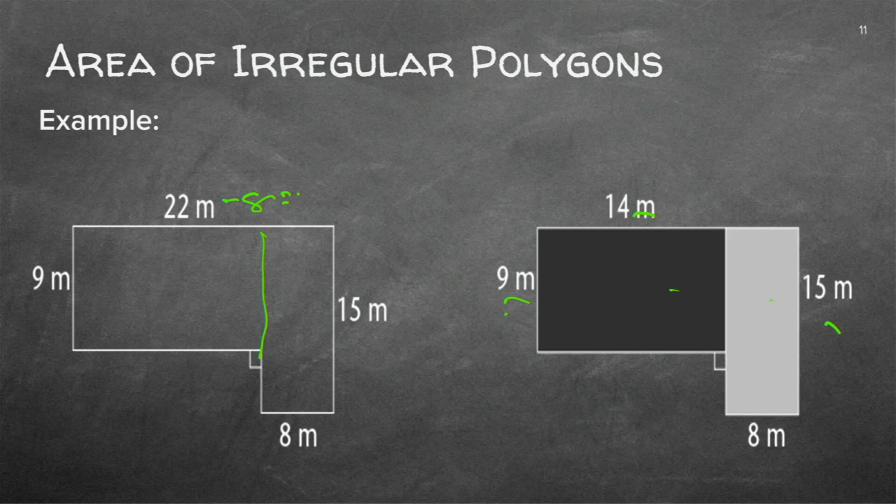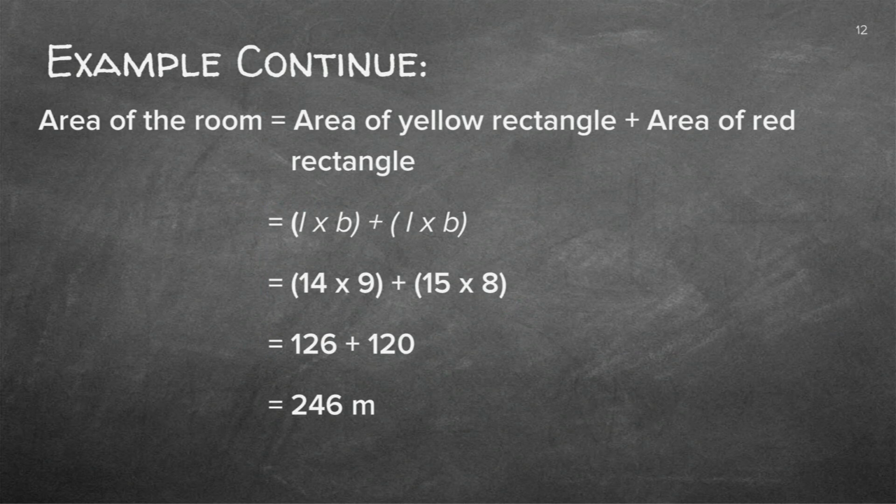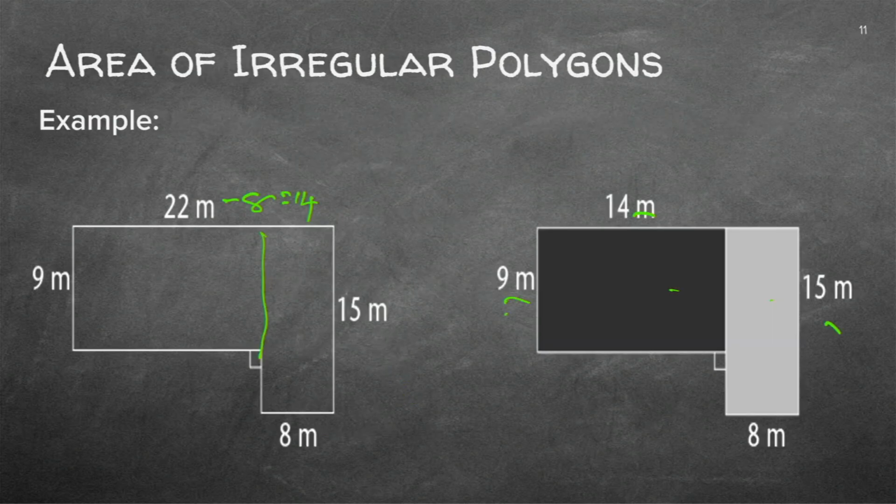So 22 minus 8 is 14. So there's our 14 and our 9, and our 15 and our 8. Okay, so this is our little formula, 14 times 9 plus 15 times 8, and always remember our answer must be in meters square. And we've got the area of our room.